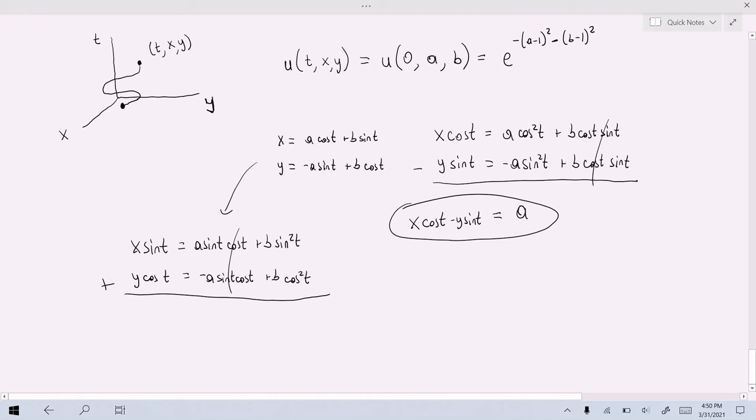Here, after you factor out the b, you'll get sine squared plus cosine squared, which is just 1. So it's going to be b equals x sine t plus y cosine t.